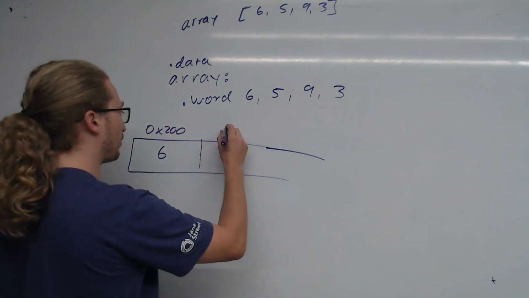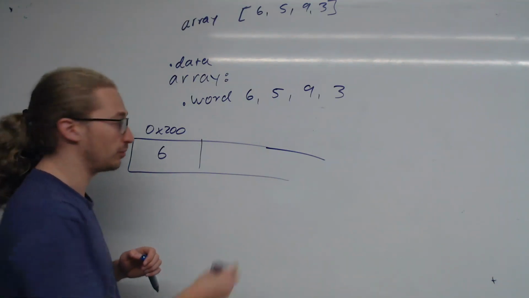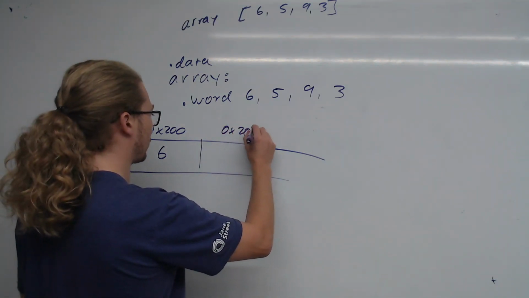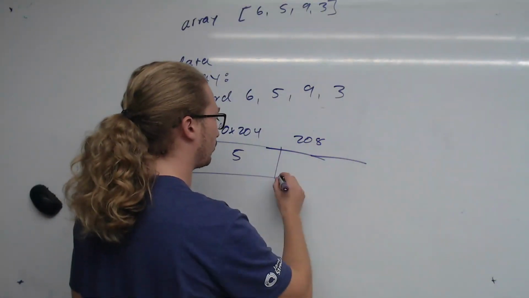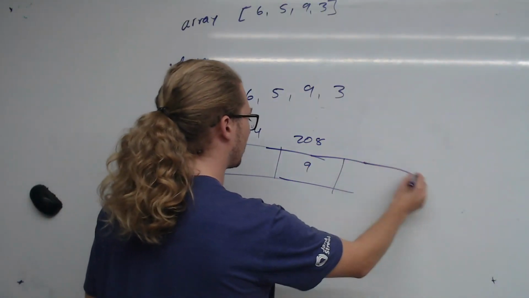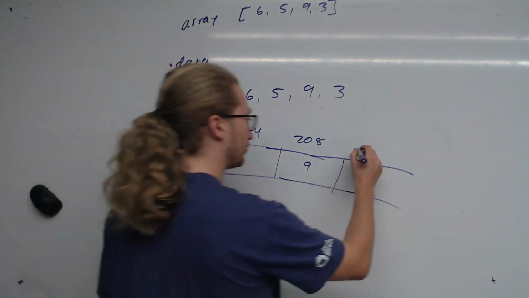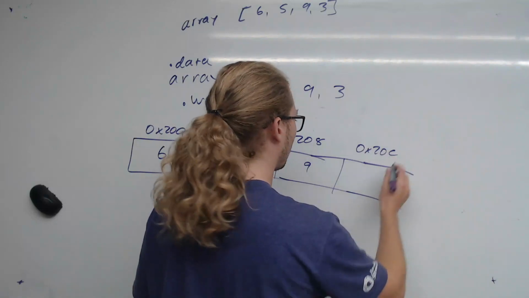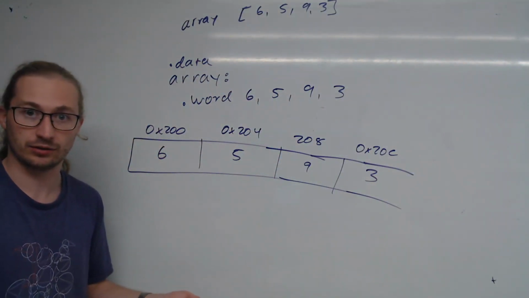And then the next memory address, 4 bytes over, because an int takes up 4 bytes on the disco board. So address 0x204 would be a 5. And the next address 208 would be a 9. And the next address after that, which would be 0x20C, would live a 3. So that's what this looks like under the hood, right?